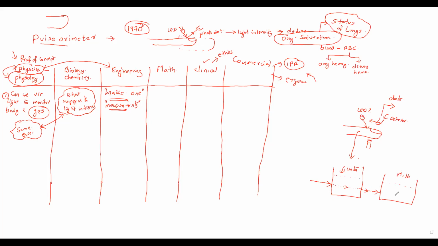Will it go in a straight line? No, it will scatter. It will get scattered. It will get absorbed. It may not reach this point, or maybe it will reach with very little intensity.